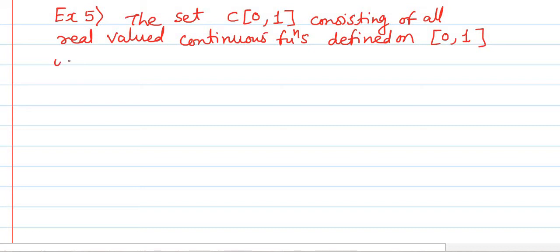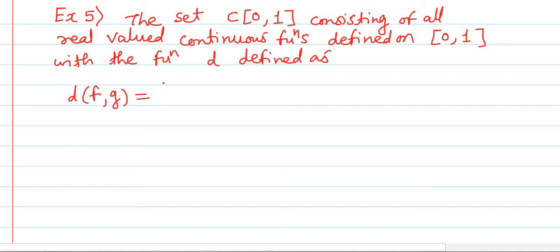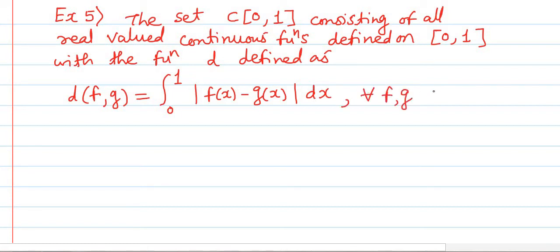With the function d defined as d of f comma g equal to the integration from 0 to 1 of mod of f x minus g x dx, and this is for every pair of functions f comma g belonging to C closed interval 0 to 1.